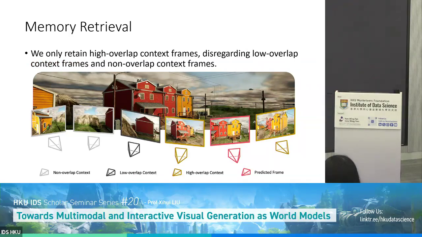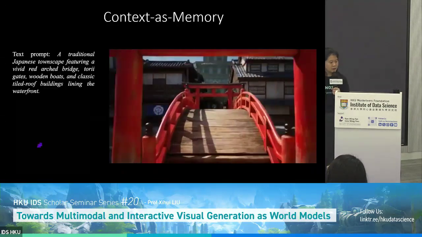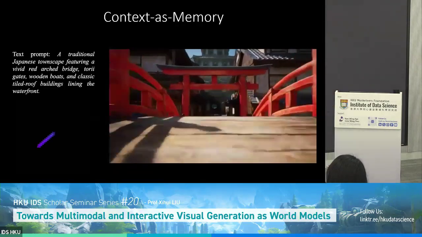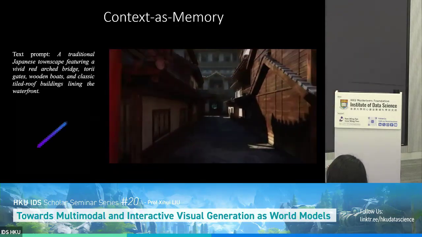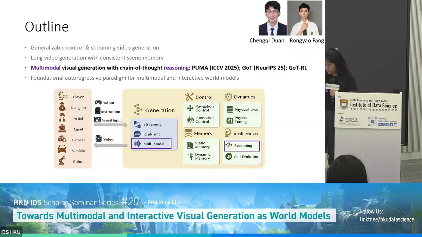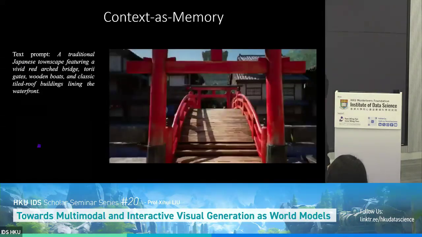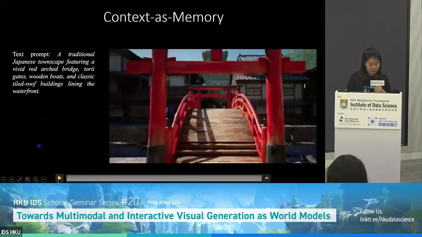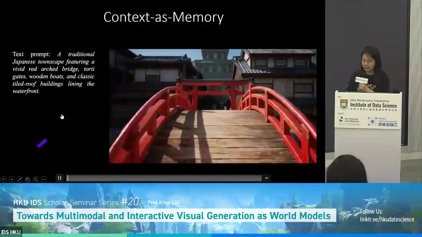Based on this strategy, we can retrieve that these yellow frames are most important for generating this new frame, and the gray and the black frames are less important. In this way, we can extract the useful memories from the history frames and use them as condition to generate the new frames.